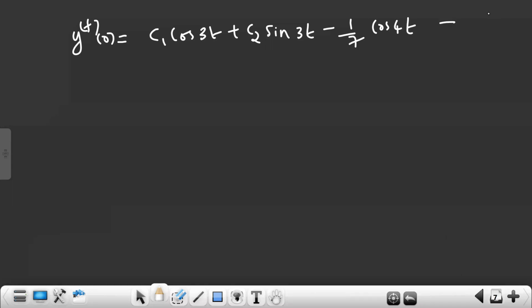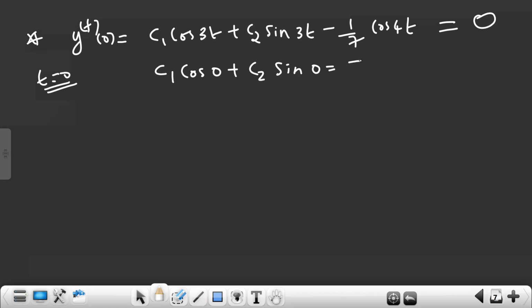The value is equal to 0 after applying our initial condition. So we will apply t equal to 0. When you apply t equal to 0, it will be C1 cos 0 plus C2 sin 0 minus 1 by 7 cos 0 equal to 0. Sin 0 is 0, cos 0 is 1. Correct?